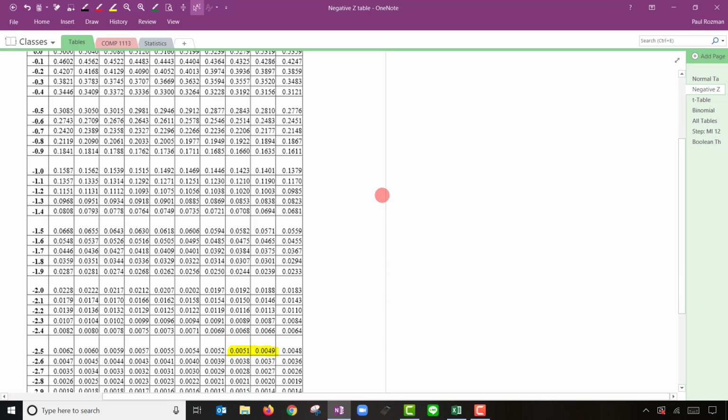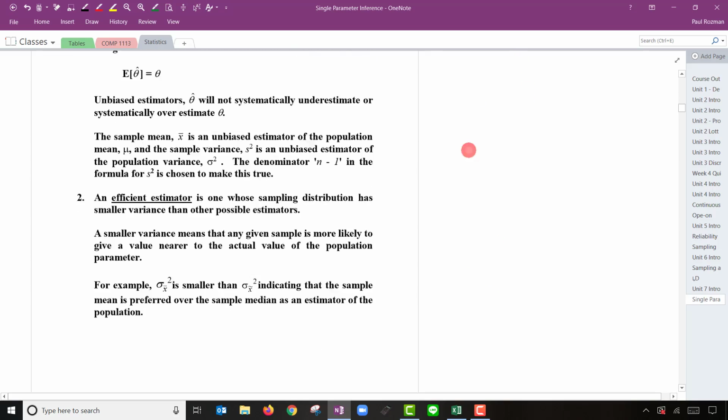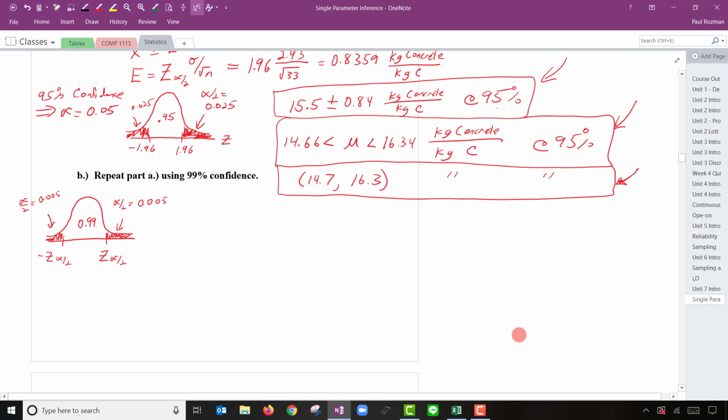So negative 2.575. So it's positive 2.575 and negative 2.575. And then we can just recalculate the error with 2.575.